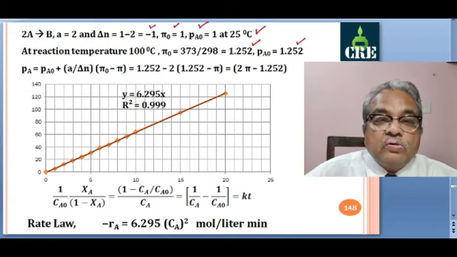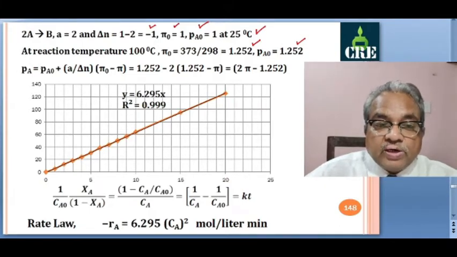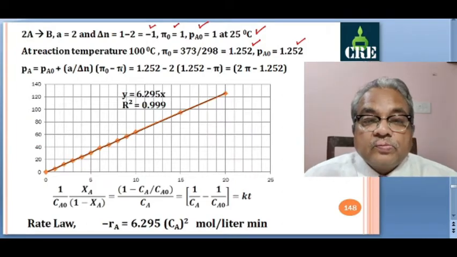Okay, so this equation we have derived earlier. We know Pa, the partial pressure of A, is equal to the initial partial pressure Pa0 plus A by delta N into the initial total pressure minus the total pressure at any time t.